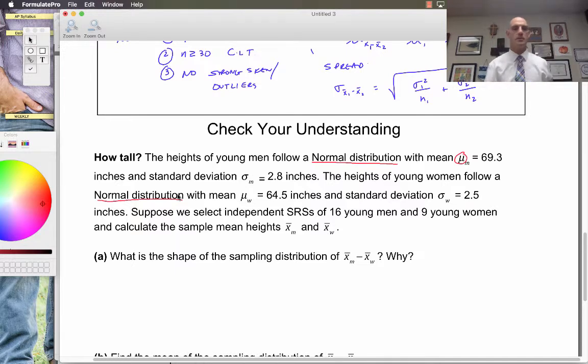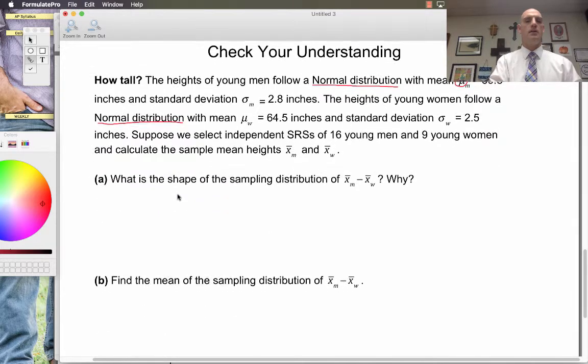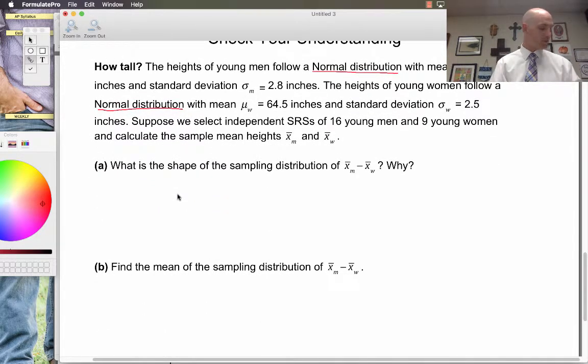Suppose we select an independent, simple random sample of 16 young men and 9 women and calculate the sample mean heights x sub m and x sub w. So, what is the shape of the sampling distribution of x sub m minus x sub w? It has to be approximately normal. Why?